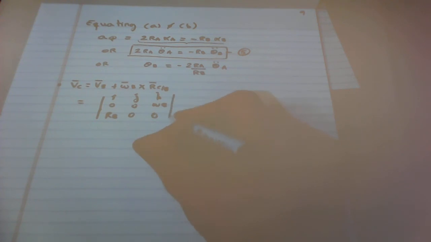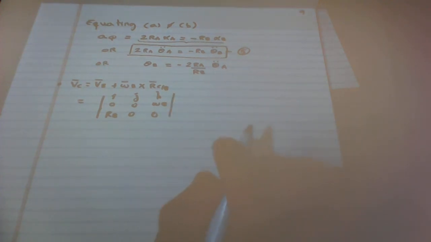Okay, so this will give us what? 0, 0, omega b. The position of c with respect to b will be R sub b, 0, 0. I'll start going a bit faster here. It will give you Vc equal to R sub b omega b.